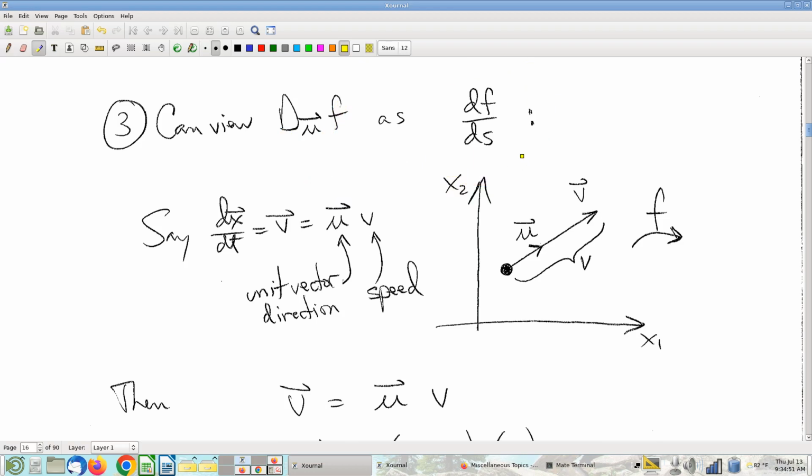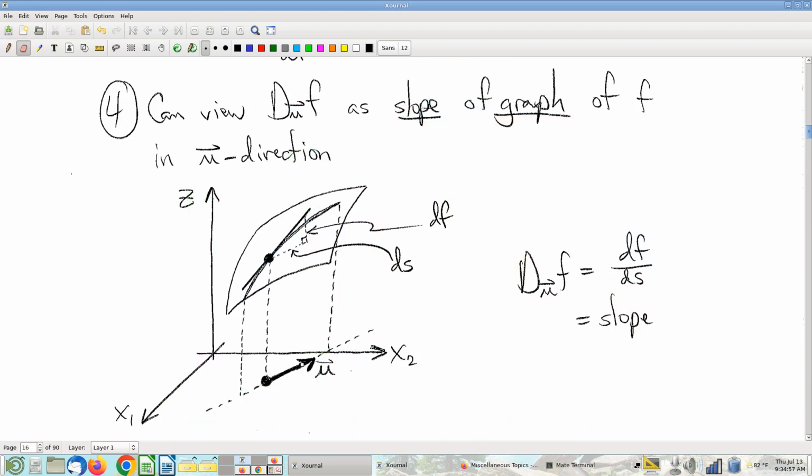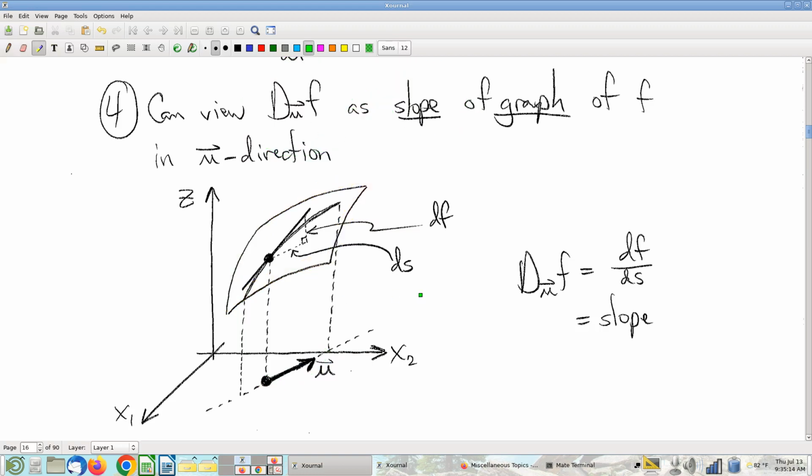There are other times when the question says, I'm looking at some graph of some function, and on this graph, I'm interested in what the slope is as I move in that direction. Well, if you want to compute the slope of the graph, boom, directional derivative is exactly what you want. Okay, here's a couple of examples.